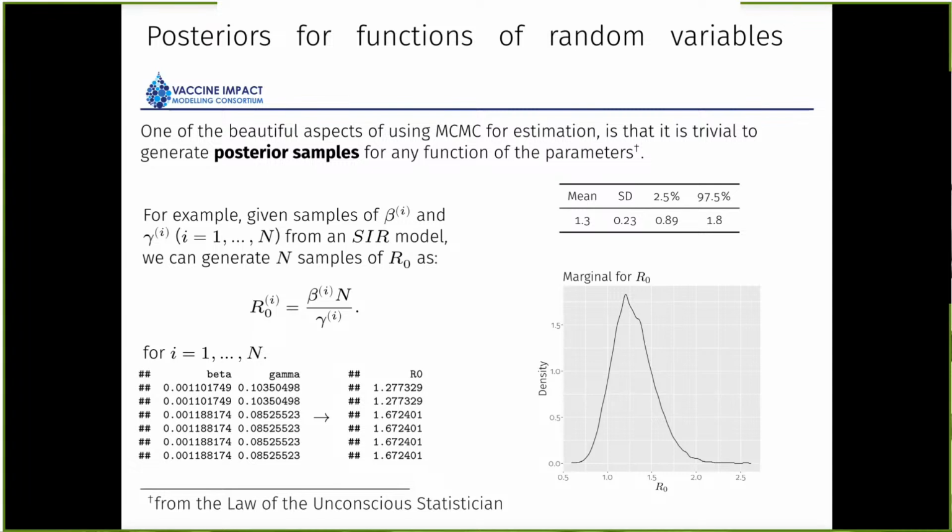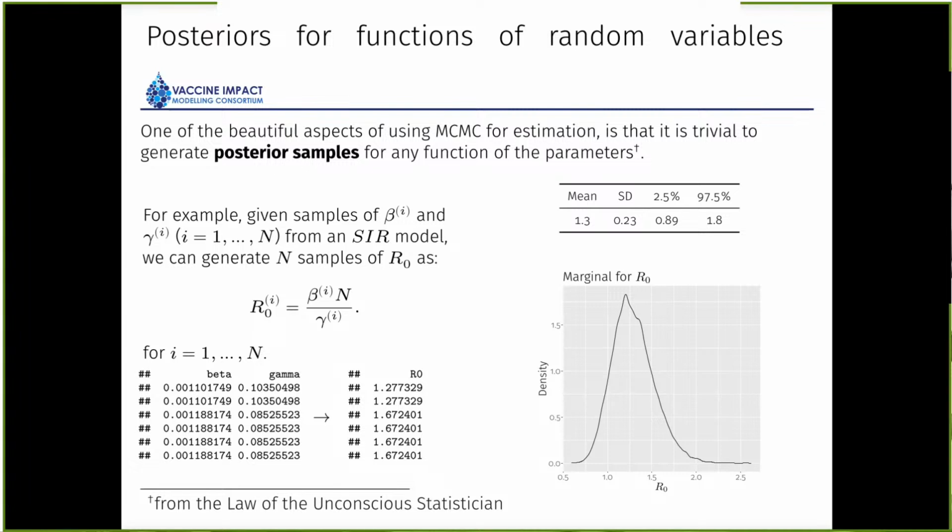Essentially, for any random sample of beta and gamma, if I calculate beta N over gamma, then I have a random sample from the posterior distribution of R0, even if R0 is not a parameter in my model, because R0 is a function of parameters in my model. So if I take my 10,000 or 40,000 random samples of beta and gamma, and for each one I calculate beta over gamma times N, then I get 40,000 random samples for R0, and I can plot a posterior distribution for R0.